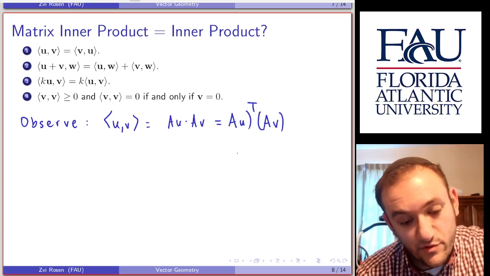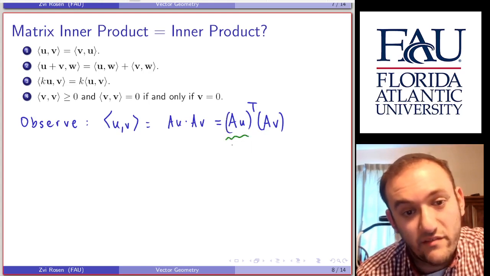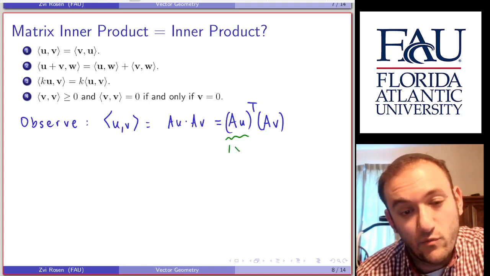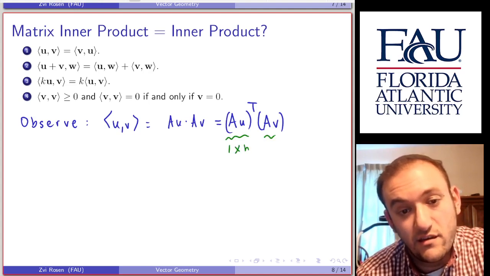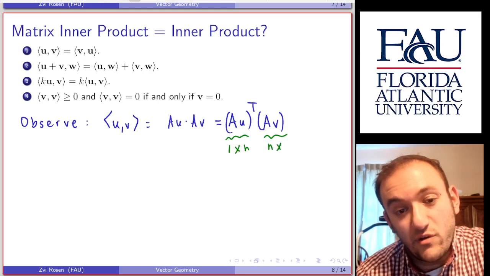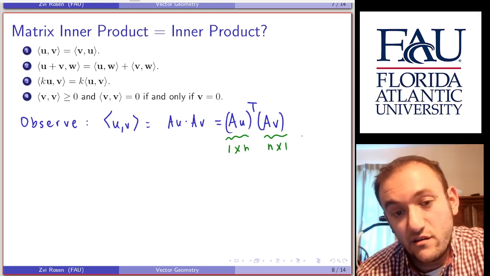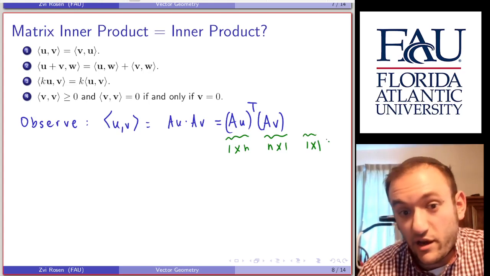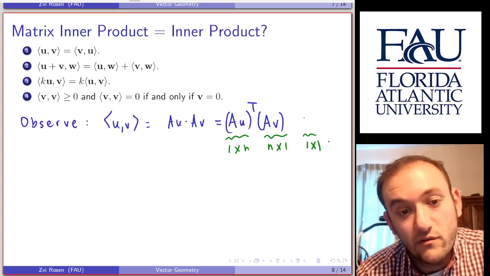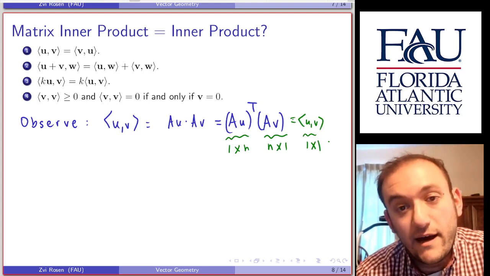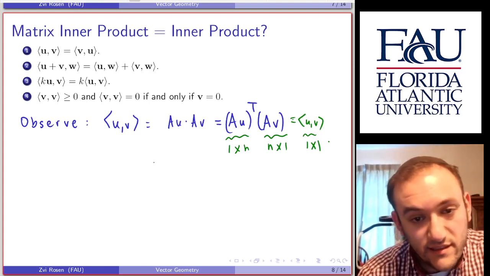When we do the transpose, we have a 1 by n matrix, and this is an n by 1 matrix, so it gives a result of a 1 by 1 matrix whose entry would be the inner product. Okay, so this is going to be uv. But we can manipulate this expression a bit more.